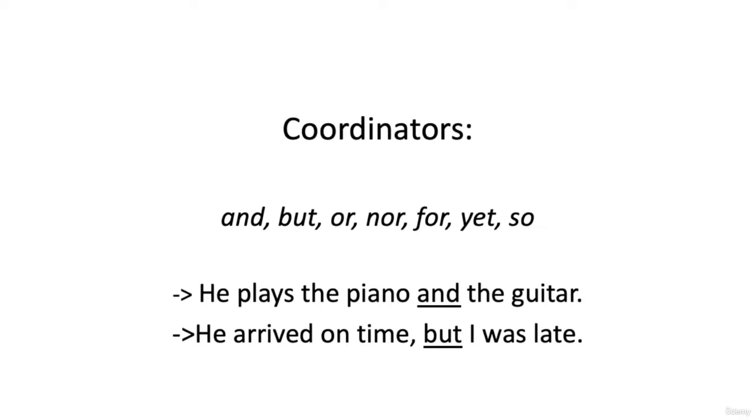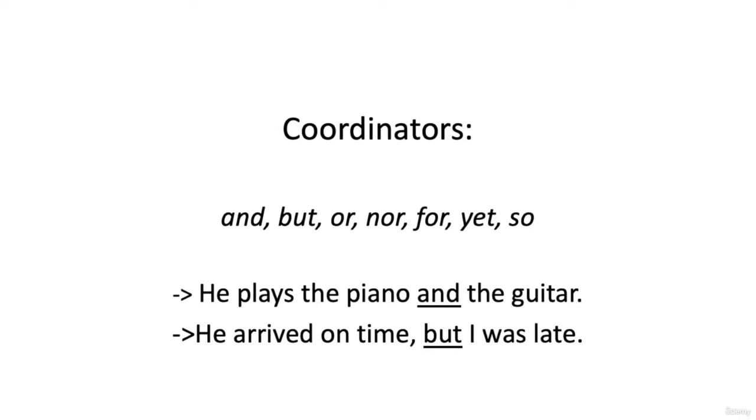For example, he plays the piano and the guitar. The coordinator "and" connects piano and guitar, which are 2 nouns. He arrived on time, but I was late. The coordinator "but" combines 2 main clauses.